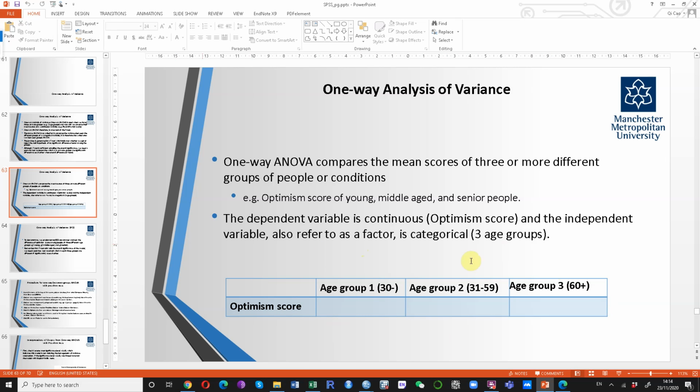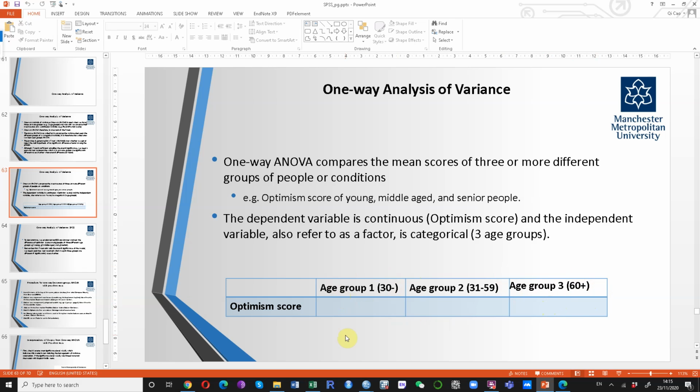So the research question here is whether age group has an impact on the personal optimism score. It could be that younger persons are more optimistic, or senior groups of persons are more optimistic.